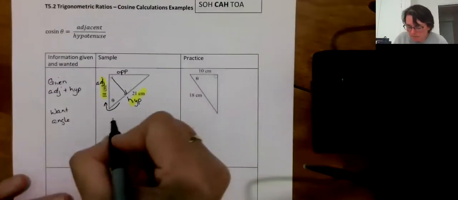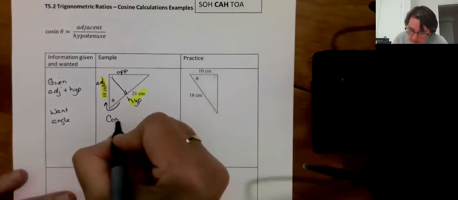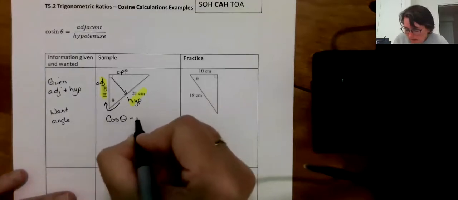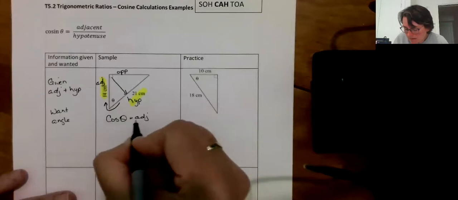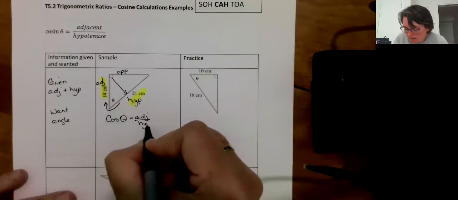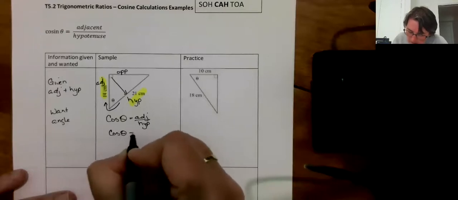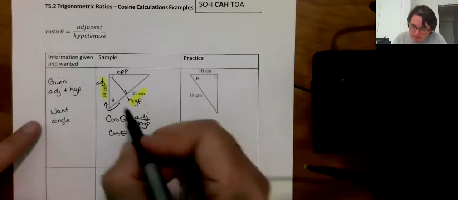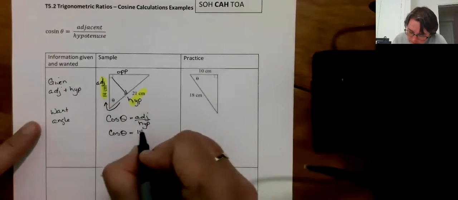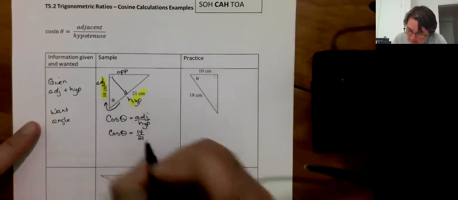All right, so formula, cosine theta is adjacent over hypotenuse. Cosine theta, adjacent is 14 over 21.